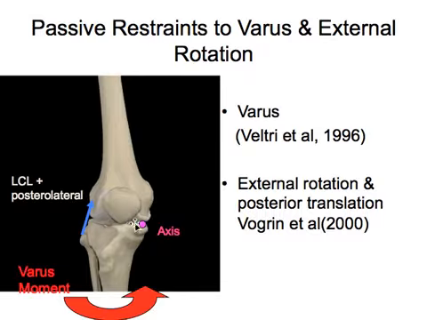So we put the axis of rotation onto the medial side of the joint. We apply a varus moment, the axis shifts to the medial side, and the lateral side soft tissue structures tense.